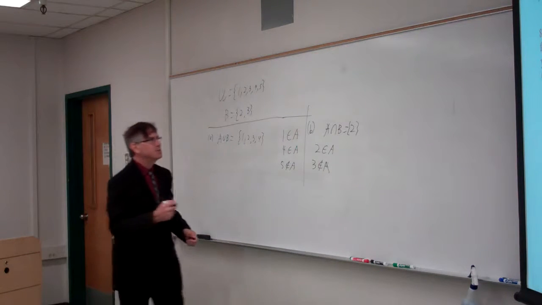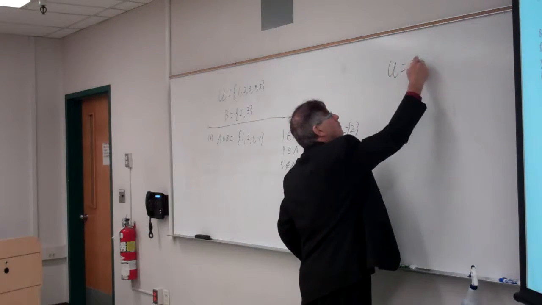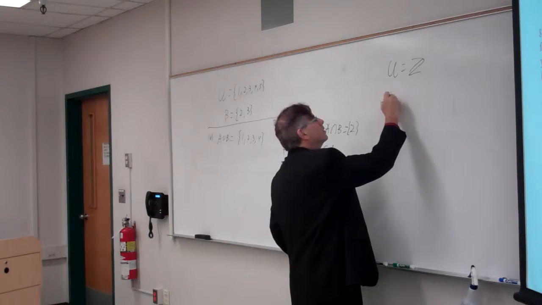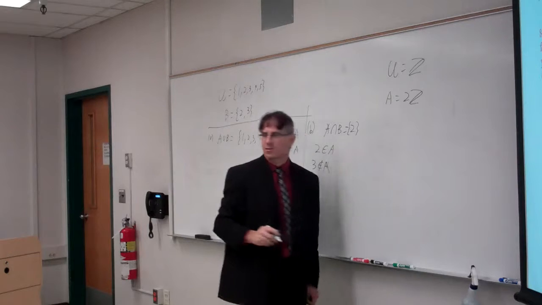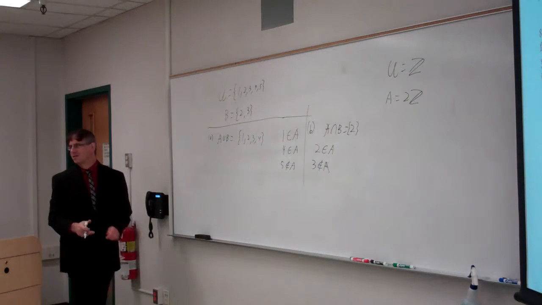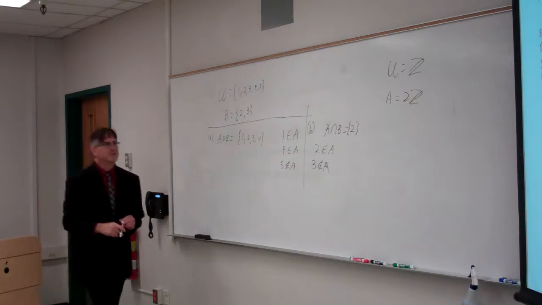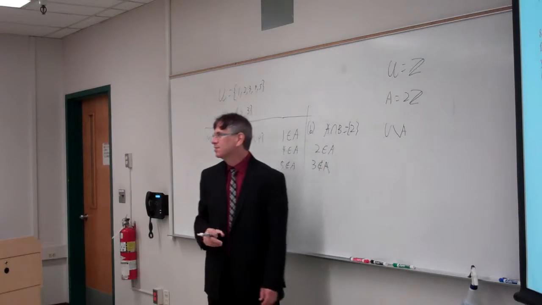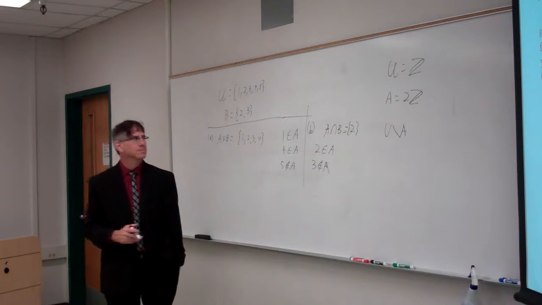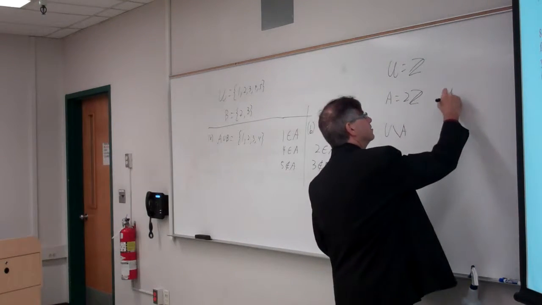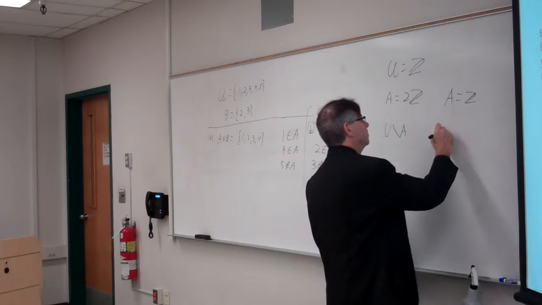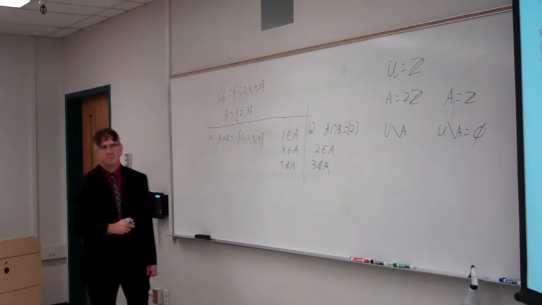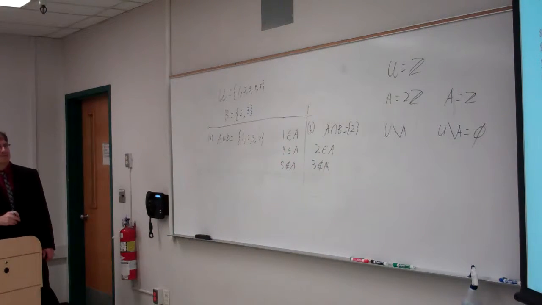If U equals Z, the set of all integers, and A equals 2 times the set of integers, so it's all the even integers, then the complement, you take away A, that's all the odd integers, which are still infinite. But if A were equal to Z, then the complement would be empty, which is very finite. So the complement does not have to be finite.